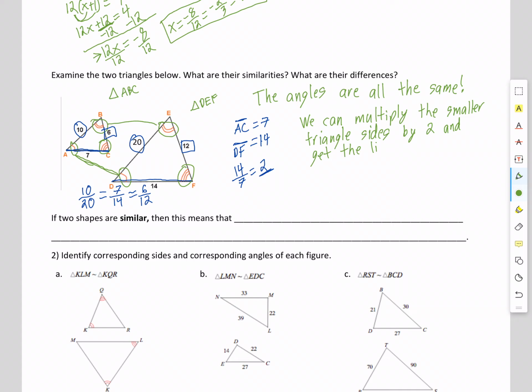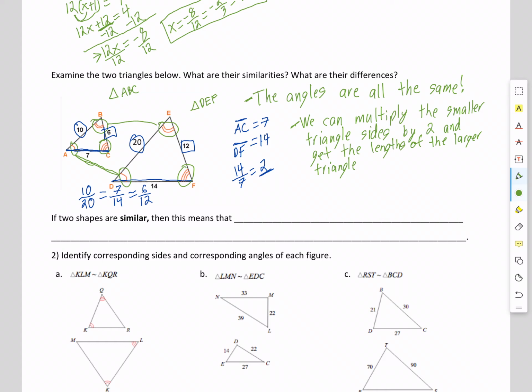Yep, lengths is with an E. So those are the two things we found out from those two triangles.